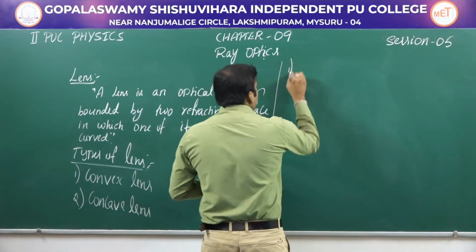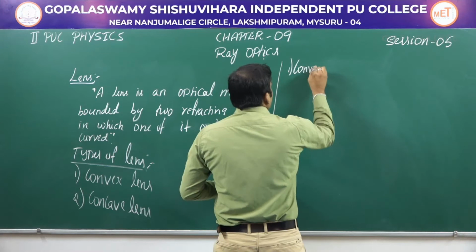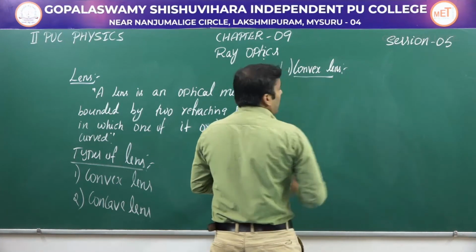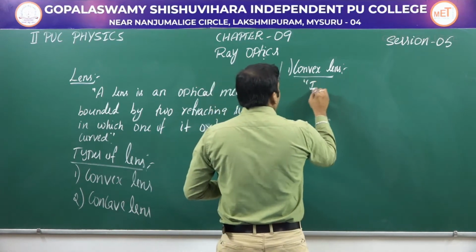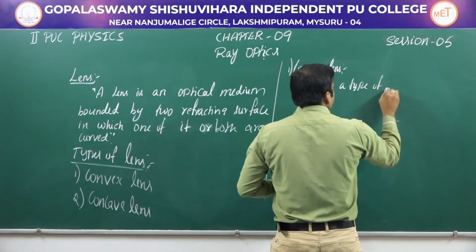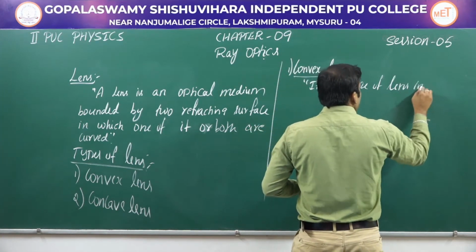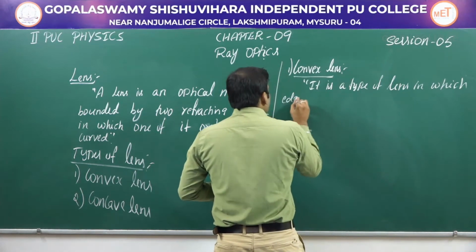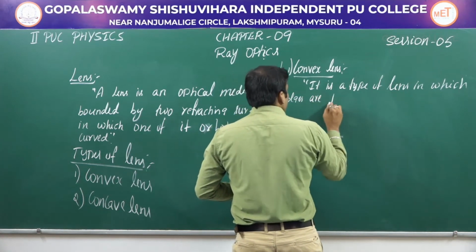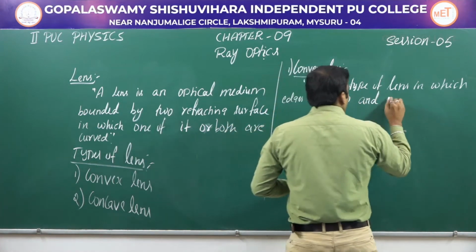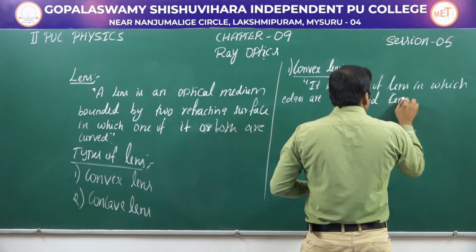First let me write what a convex lens is and how it looks. Convex lens is a type of lens in which edges are thin and center is thick.